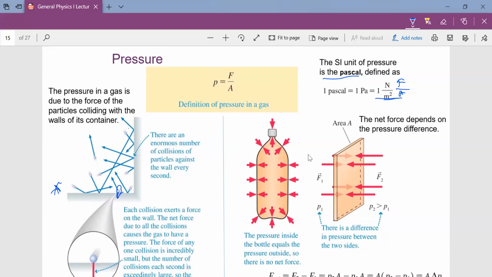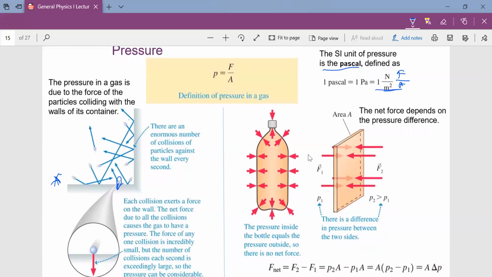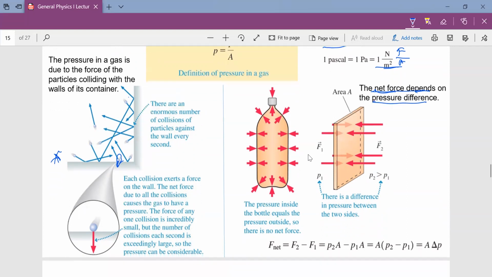Okay, so to determine the net force for the pressure system, the net force depends on the pressure difference in the system. For a system with a defined area A, the force acting and the one opposing it are typified by F1 and F2.